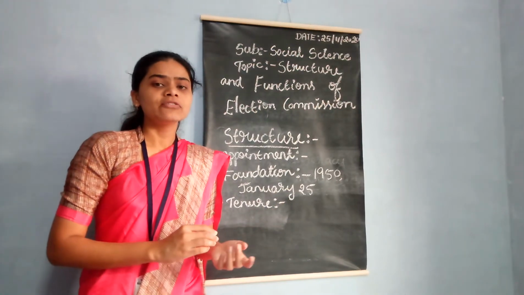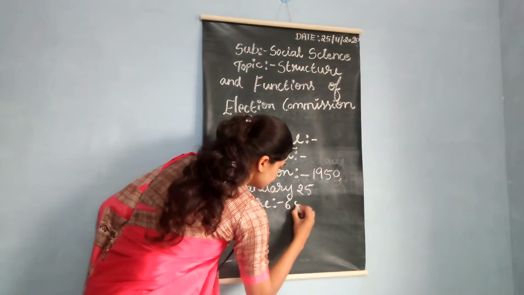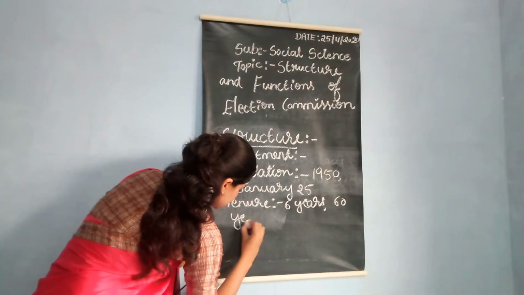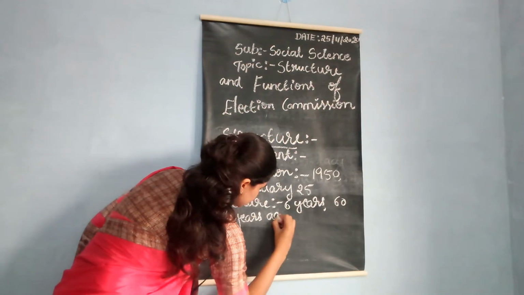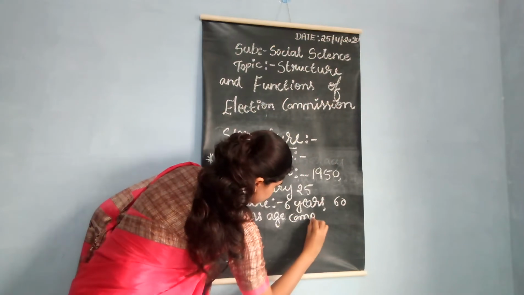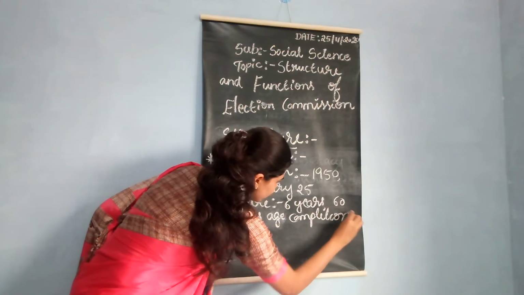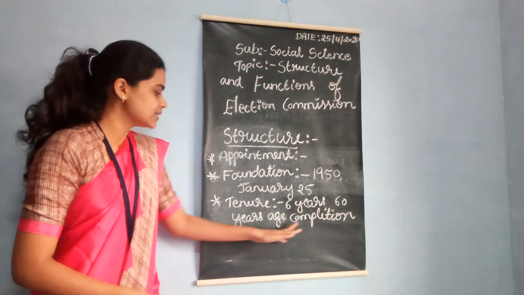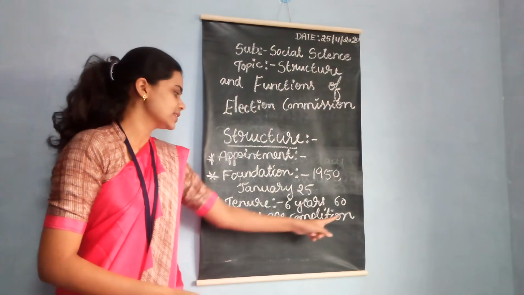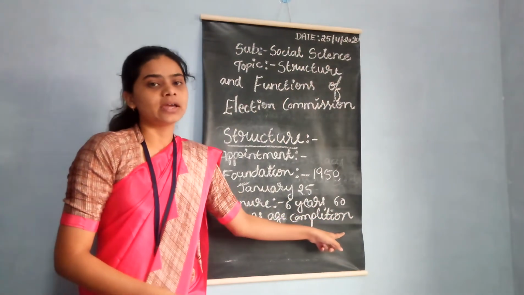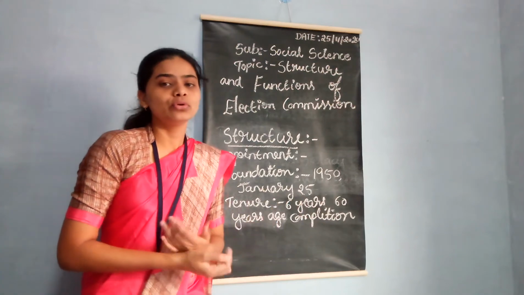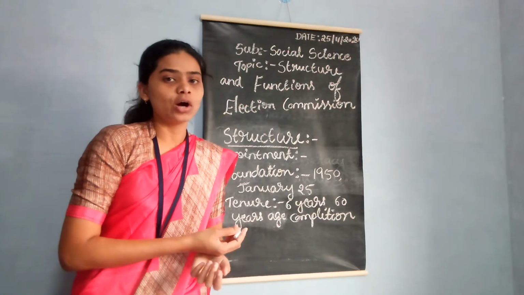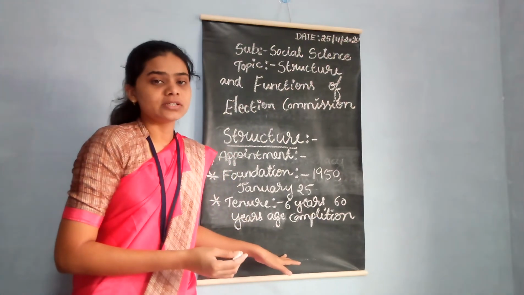They are in power for 6 years, or until they complete 60 years of age. If they complete 60 years of age, they have to retire. Okay. Then next thing we have to know who can remove them from power, or the impeachment of these election commissioners.